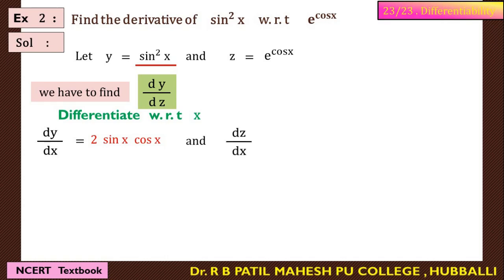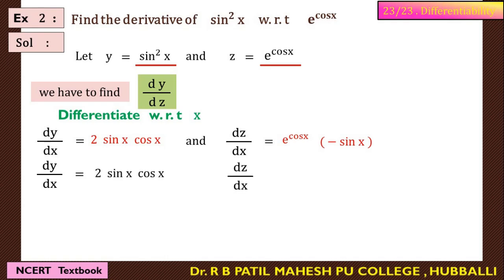And dz by dx is given by, it is a composite of exponential, e raised to f of x. So the derivative is given by the same function e raised to cos x, after that the function's derivative, that is minus sin x. So in the next line, dy by dx write as it is, and dz by dx is minus sin x into e raised to cos x.